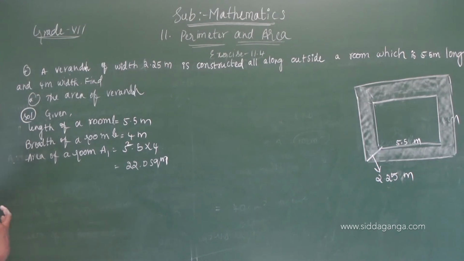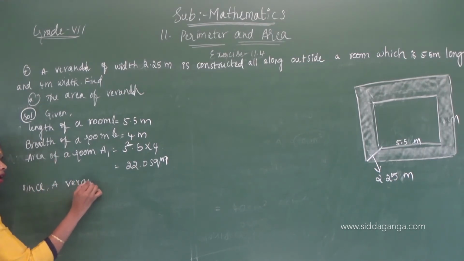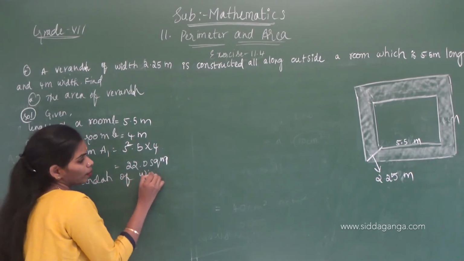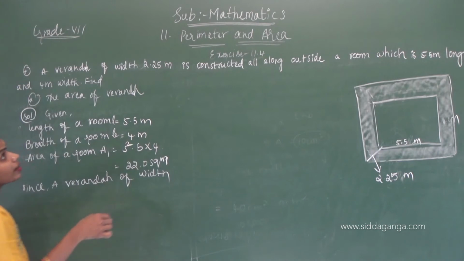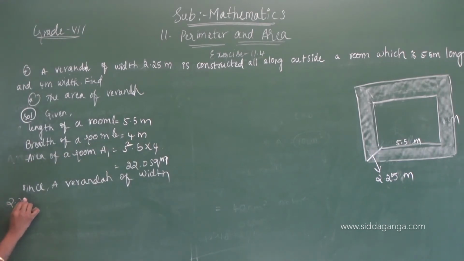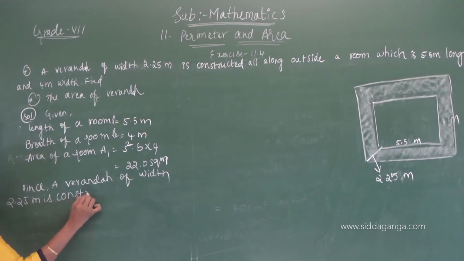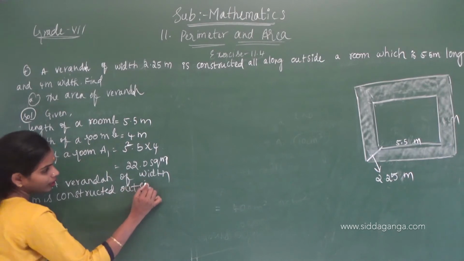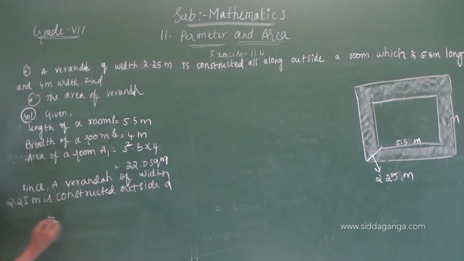And then what are they telling? A veranda of width 2.25 meters is constructed outside the room.